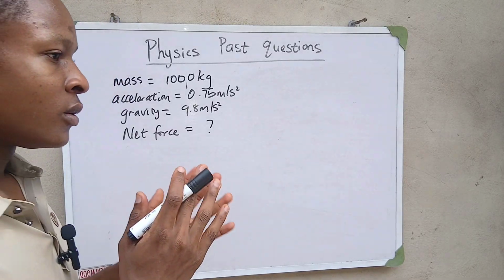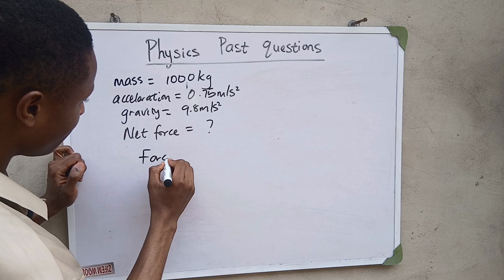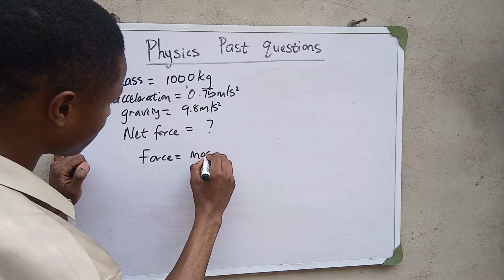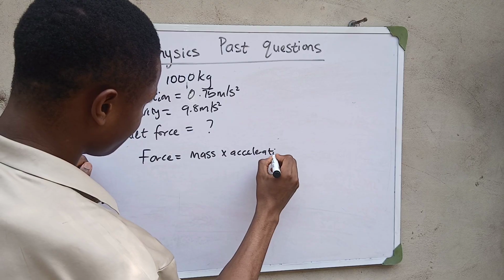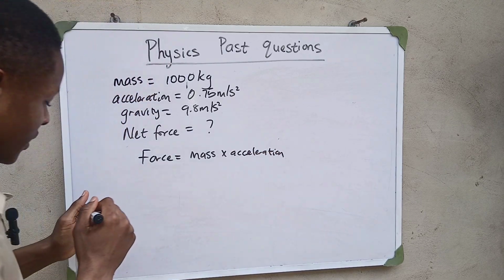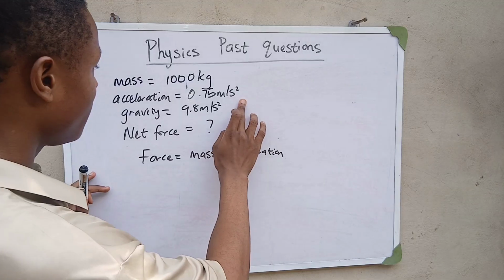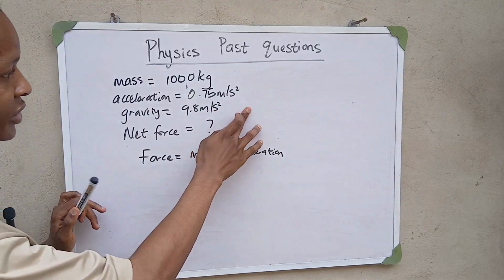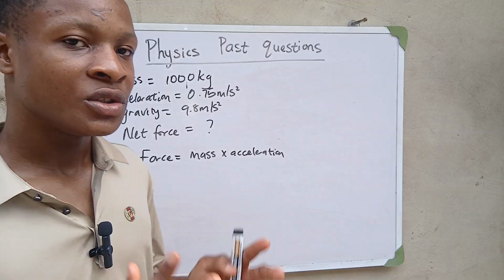So what is force? Force is mass times acceleration. In this question, they give us two accelerations: the acceleration due to gravity and the normal acceleration. You might get confused on which to use, but just use this simple tip.